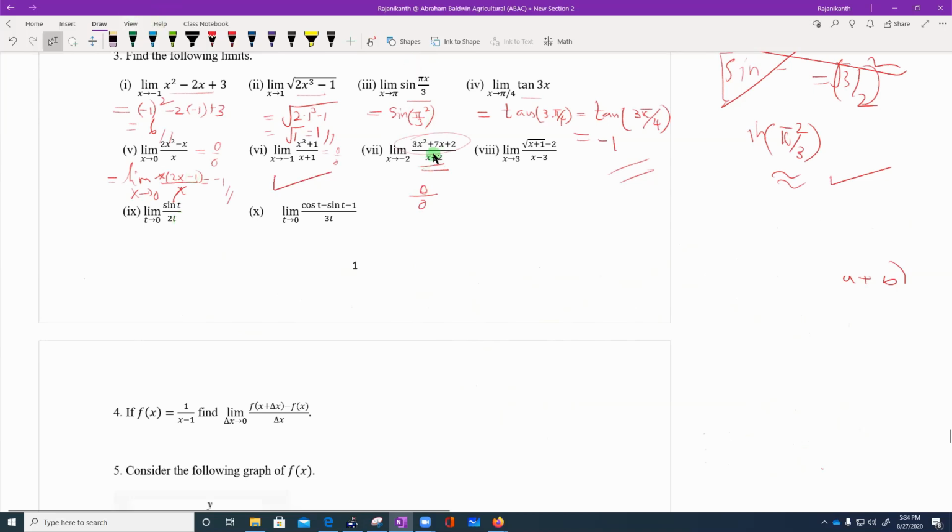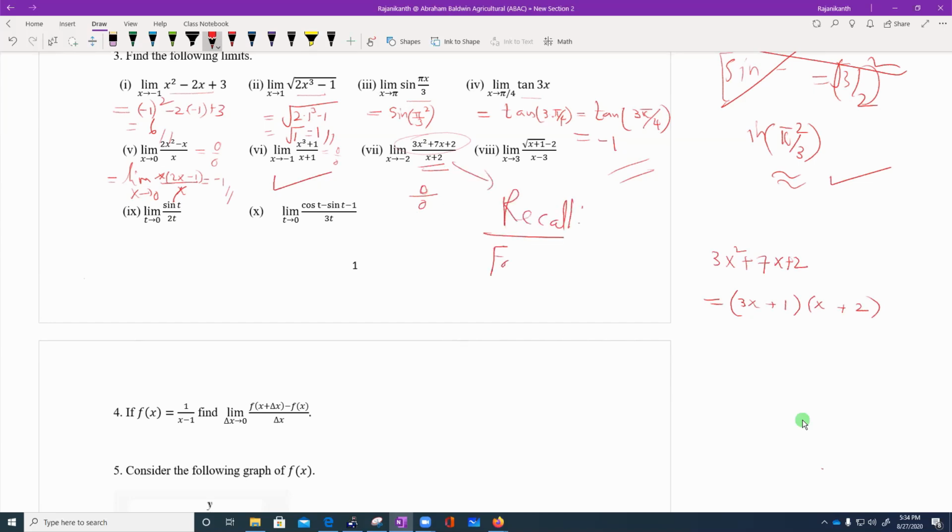Factoring is always easier. If you factor, you should get here 3x and here x. And here, I believe you should get 2 and here you should get 1. Am I right? So recall the factorization you learned.